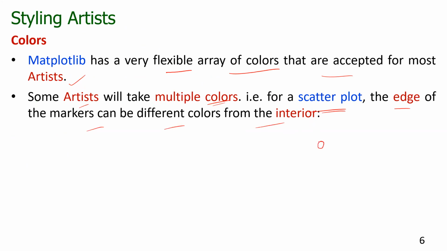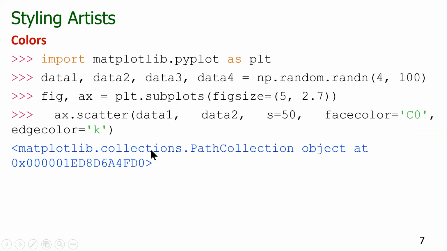So this one is the edge, and this is the interior, so both are different colors. Let us see the following program with a scatter plot combination.